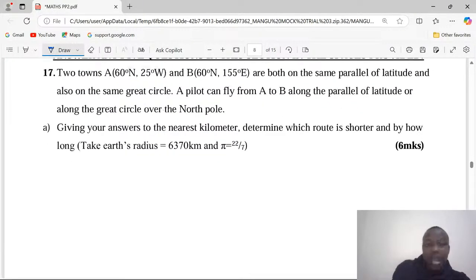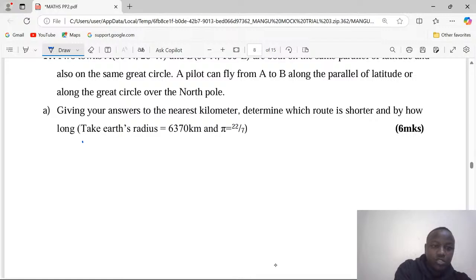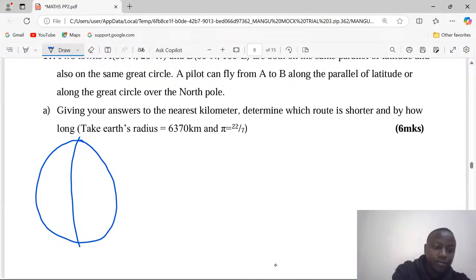On the Earth's surface, allow me to begin by sketching the globe, which is the spherical Earth. This is our 0 degrees equator. This is the 0 degrees prime meridian.